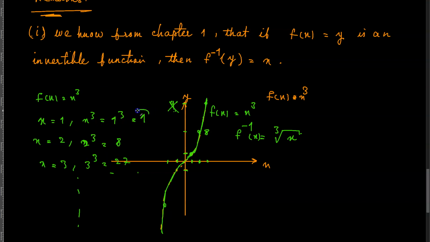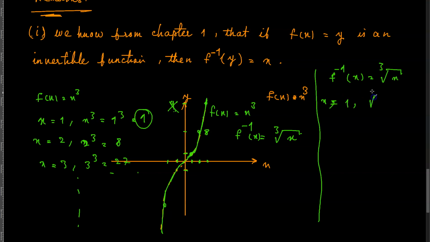Which means that if I take this output of this function and give it to this function, meaning that I have the f inverse of x is equal to the cube root of x, and here if my x is equal to 1, then the cube root of 1 is equal to 1.